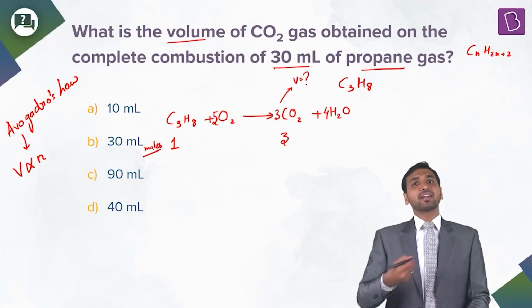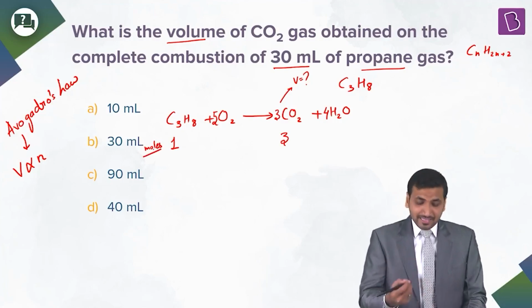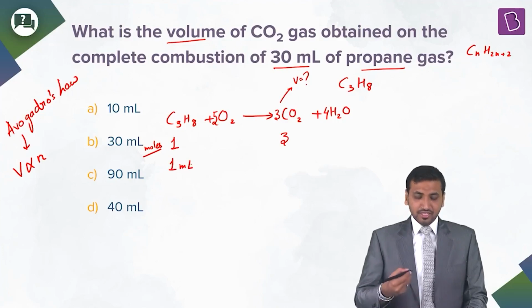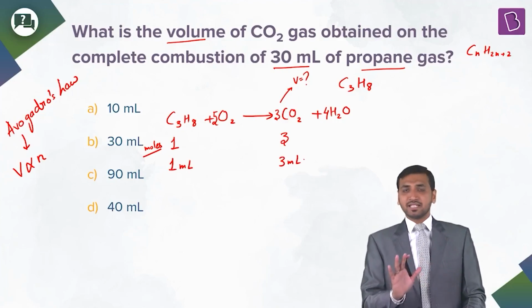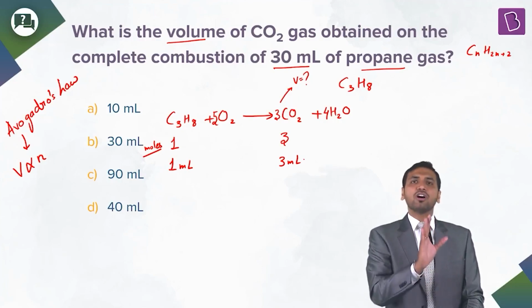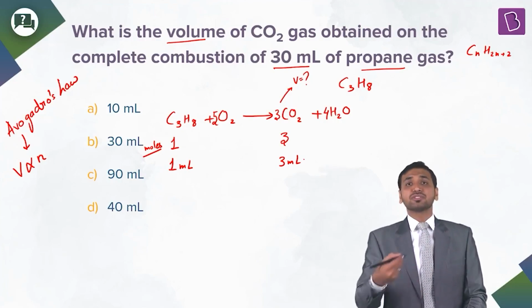Now using Avogadro's law, can I convert these moles into volume? Can I say that 1 ml of propane, when it undergoes combustion, will produce 3 ml of CO2? Make sense? Very similar. 1 mole of propane on combustion produces 3 moles of CO2.